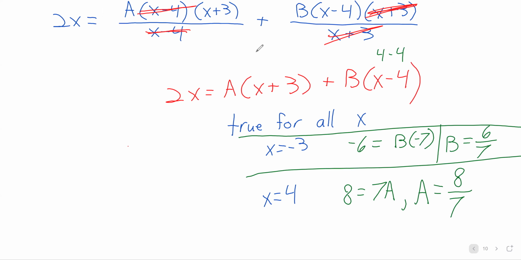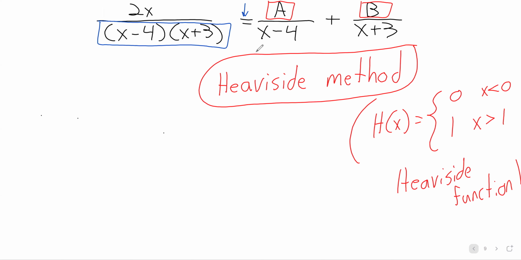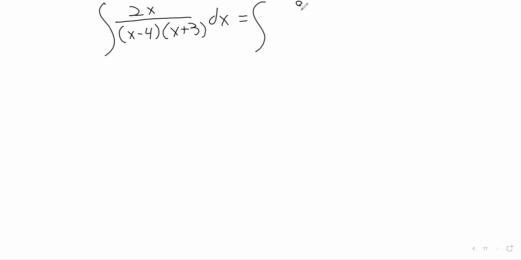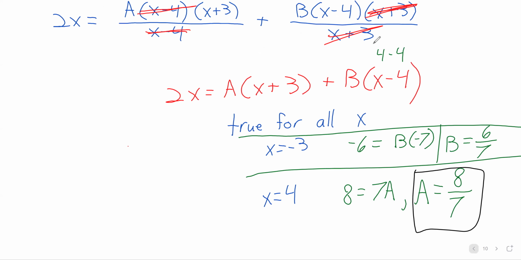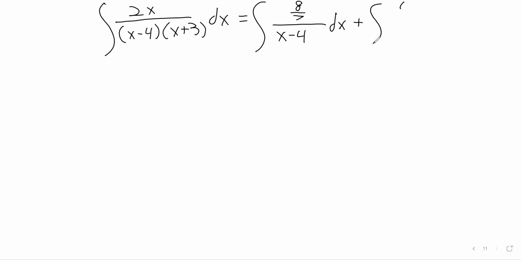The integral of 2x divided by x minus 4 times x plus 3 is the integral of, okay, A is 8/7, so 8/7 over x minus 4, plus the integral of, B is 6/7, 6/7 over x plus 3. And of course, those fractions aren't lovely.